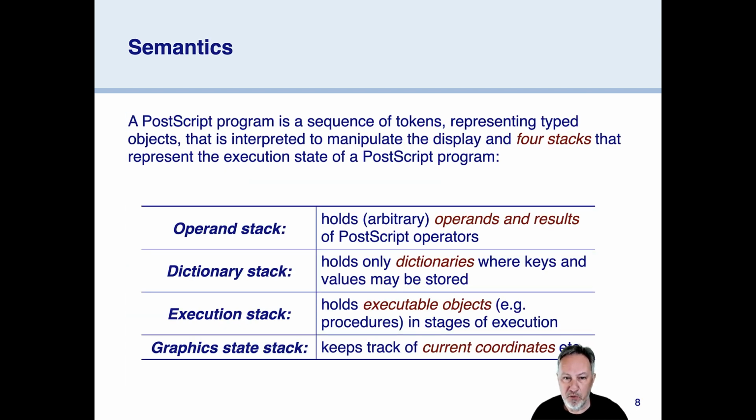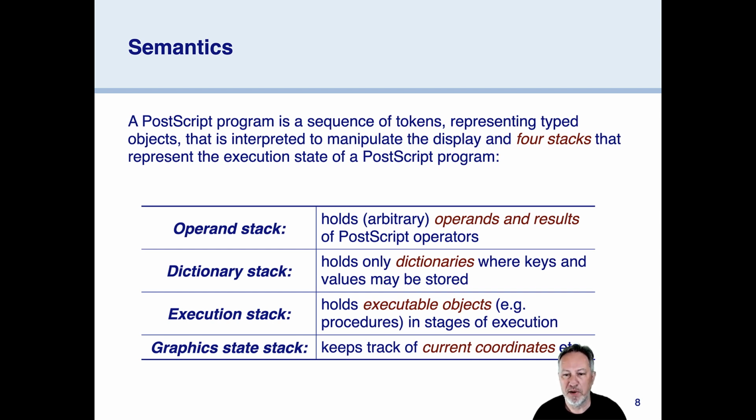A PostScript program consists of a sequence of tokens. They represent typed objects, that is, different kinds of entities, as we saw, procedures and strings and numbers and so on. And this sequence of tokens is then interpreted to manipulate the display. It's a stack-based programming language. There are in fact not just one stack, but 4 different stacks, and we'll essentially see 3 of them.